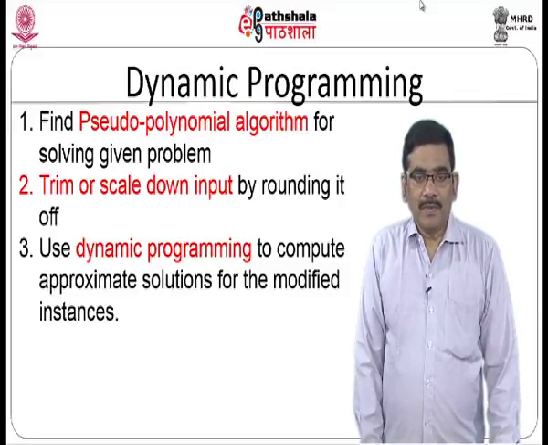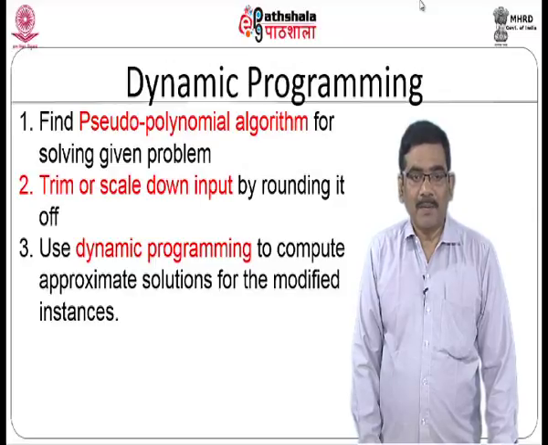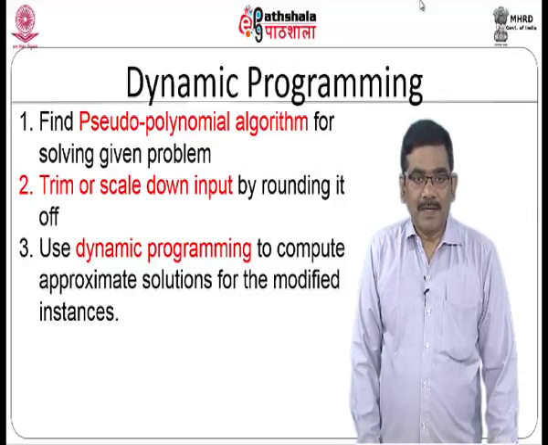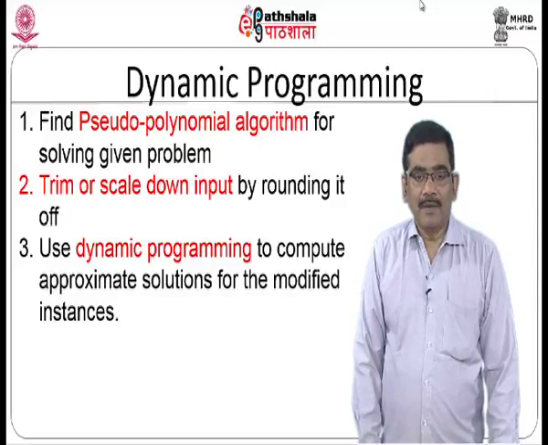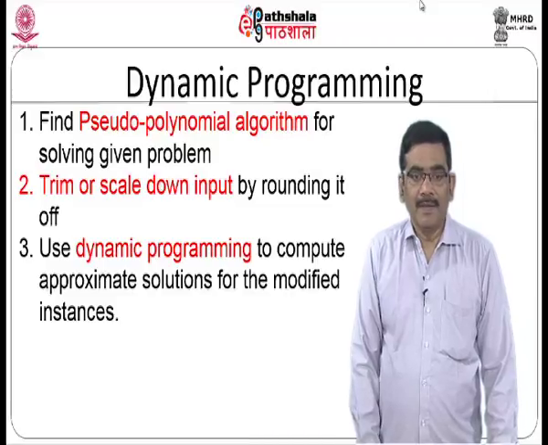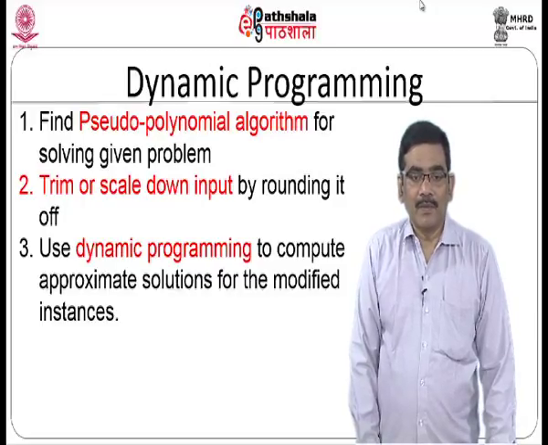The last approach for designing approximation algorithms is dynamic programming. Probably you can recollect that in earlier modules we were talking exclusively about dynamic programming. In this approach, we try to find a pseudo polynomial algorithm for solving a given problem.